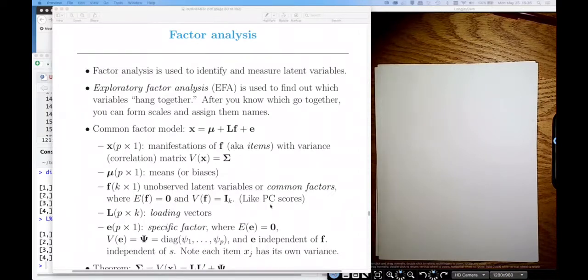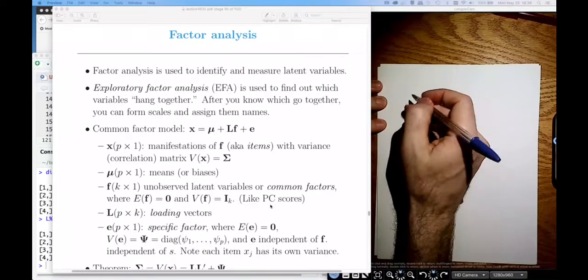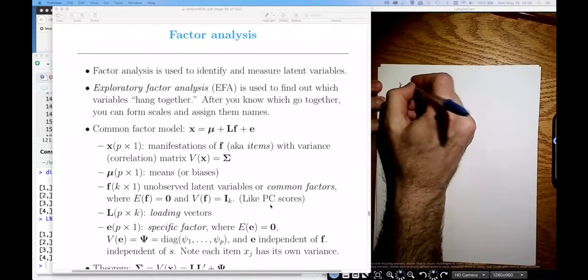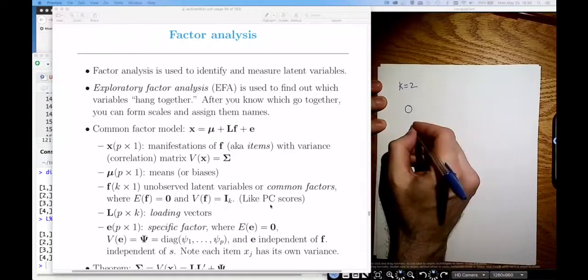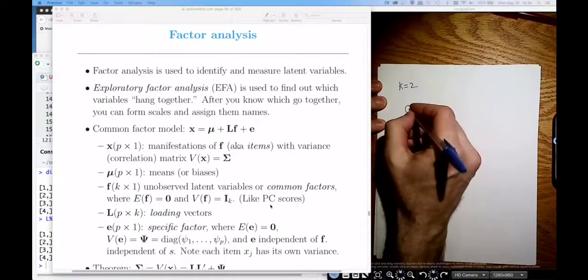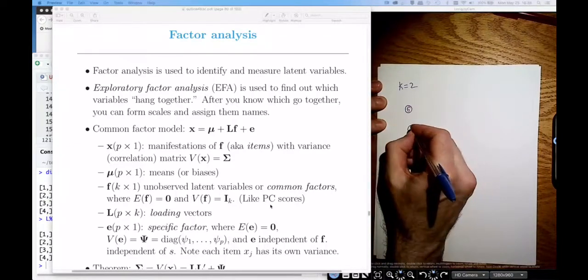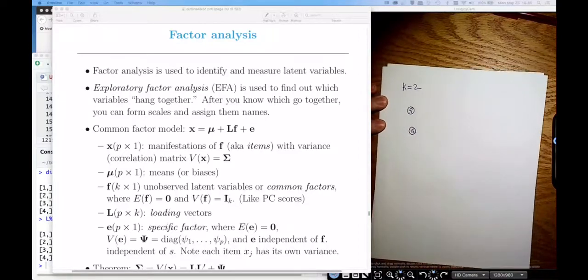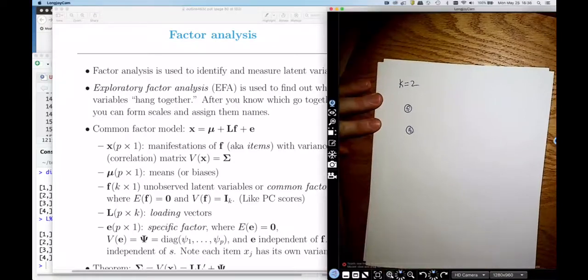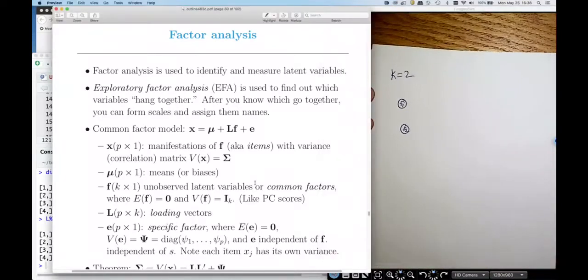In my notation, let's say I've got two latent variables. Often we draw a picture that looks something like this: I have F1 and I have F2. These two latent variables are things that I really think exist, but I can't measure them directly.